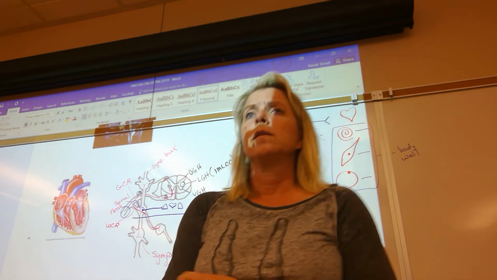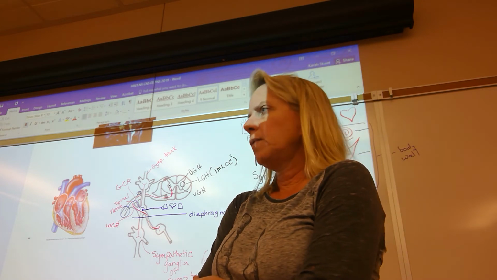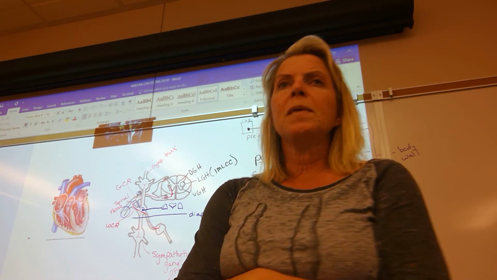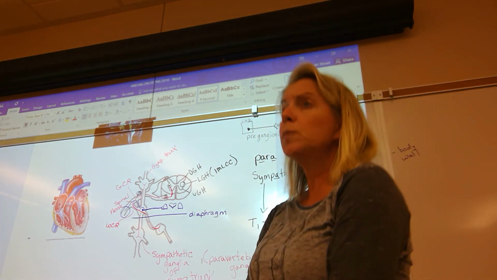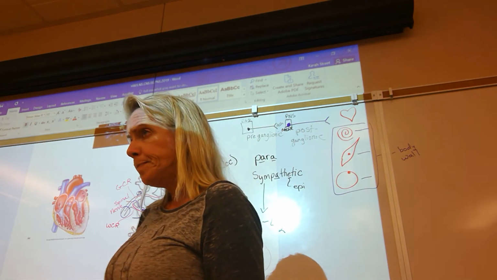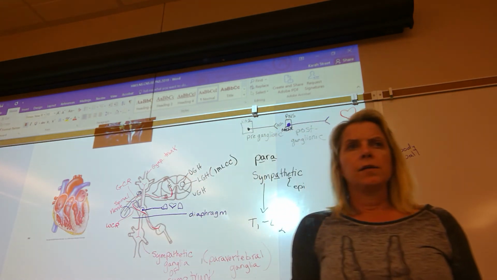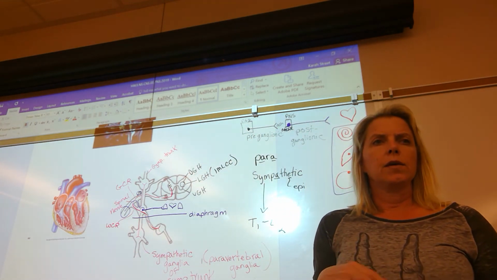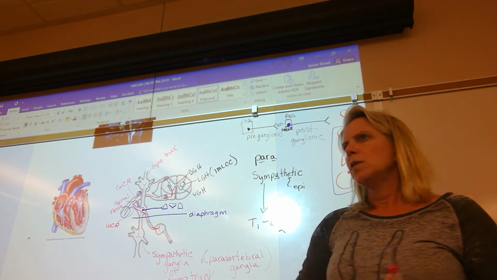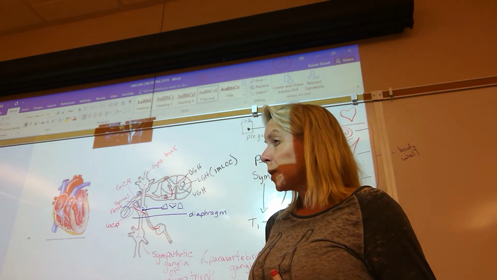These ganglia below the diaphragm are found on major blood vessels in your abdominal cavity. These major blood vessels are vessels you will dissect next week. One of these major vessels coming off the aorta is called the celiac artery, which actually means that it's going to the stomach.